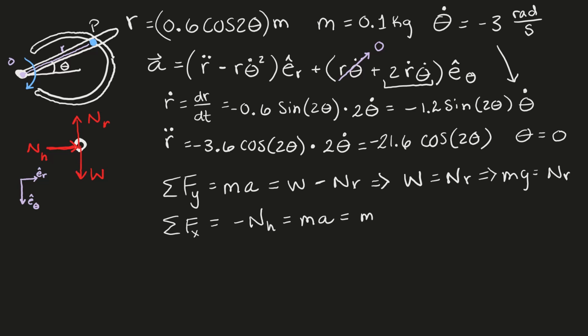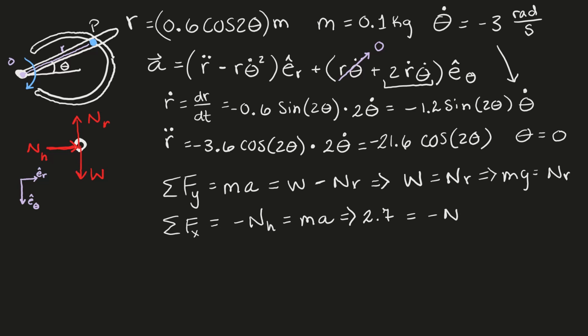I hate math. No, I don't. Okay, negative 3 squared is 9. Times r, which is 0.6, and then r double dot is negative 21.6. So 21.6 minus the 5.4 is 20.27, and m is 0.1, so I'll write that as 2.7. All right, that was a struggle, more of a struggle than it should have been, but that's okay. Equals negative N_h.